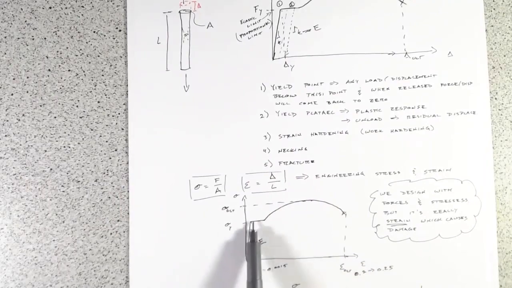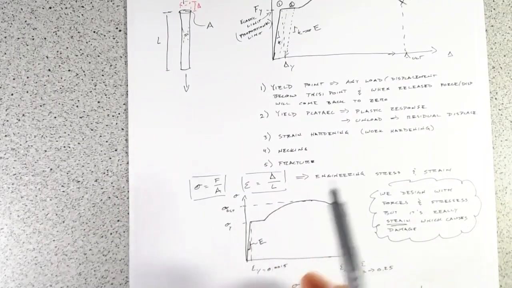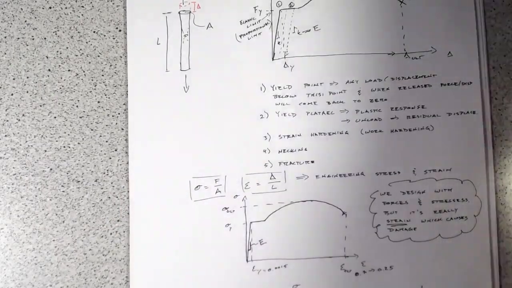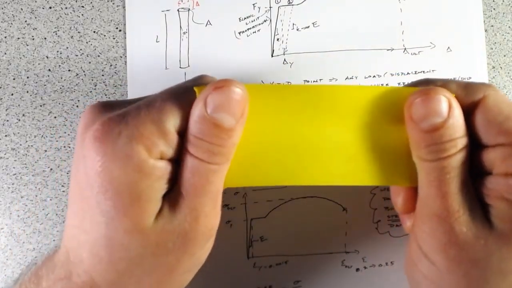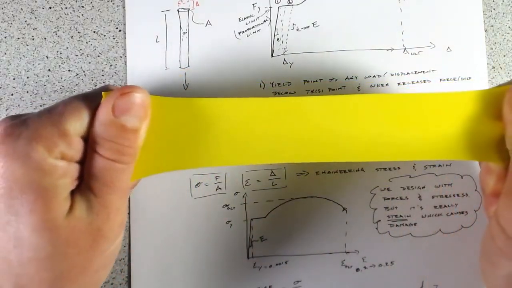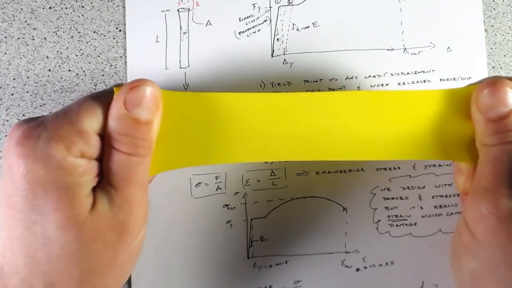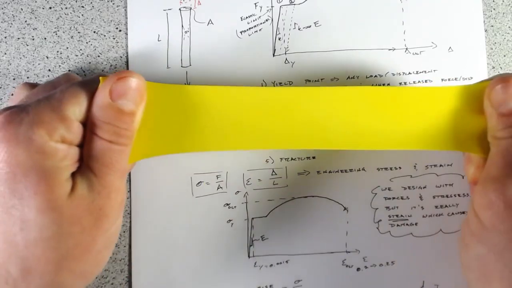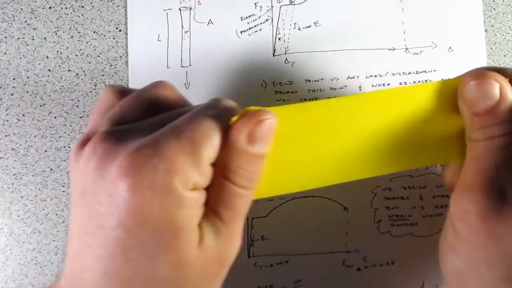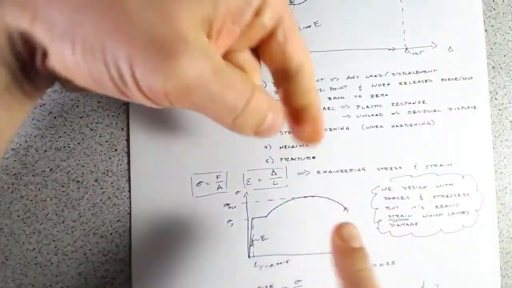But as we're pulling on it, like if we've got our rubber band, you can see the rubber band gets skinnier. You can see where I've grabbed it at the ends, which was the original size. In the middle, it's getting skinnier, so it's straining in both directions.